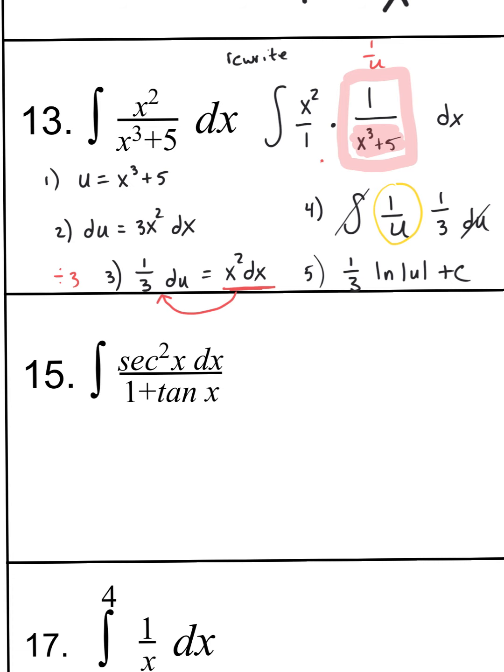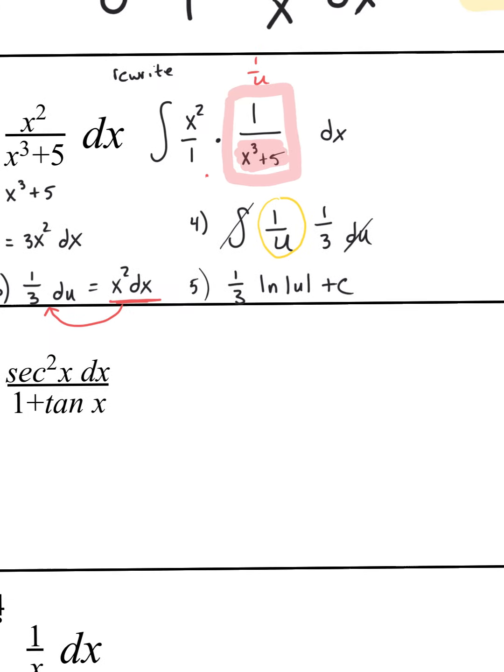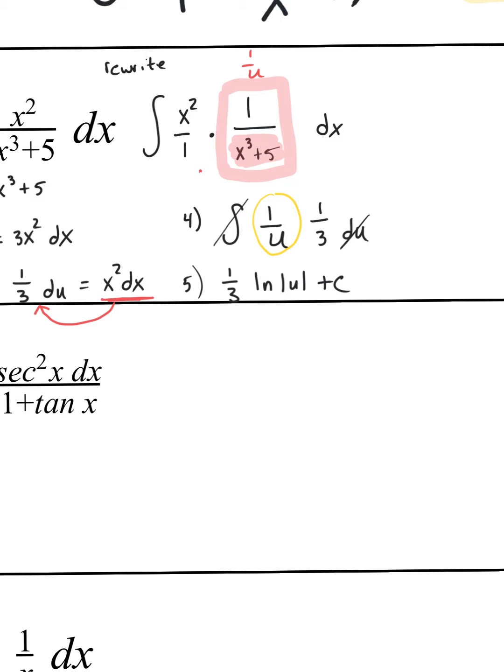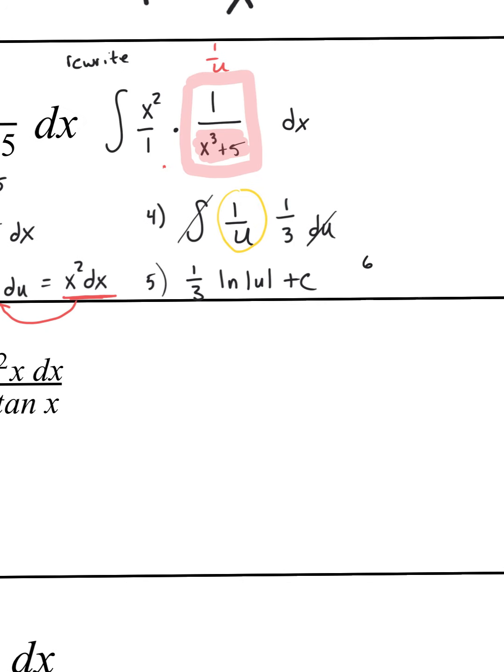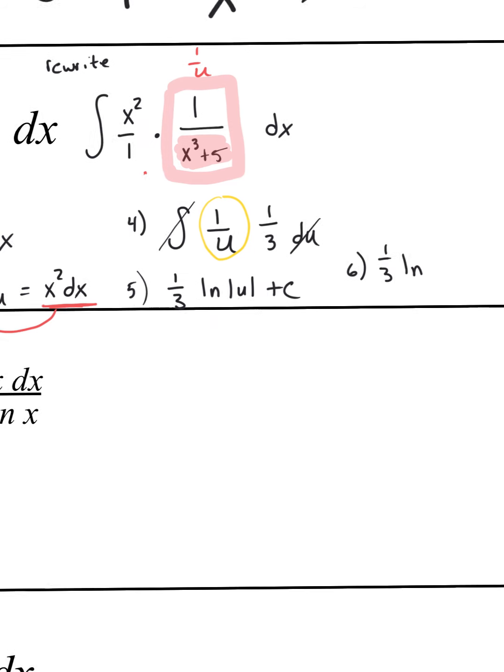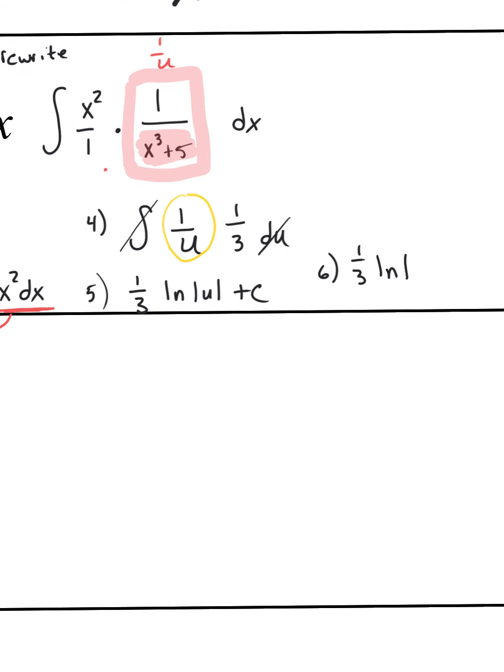The antiderivative of 1 over u is ln absolute value of u. And now our last step is to plug in u. So 1/3 ln absolute value, u is x cubed plus 5, plus c. And there you have it.